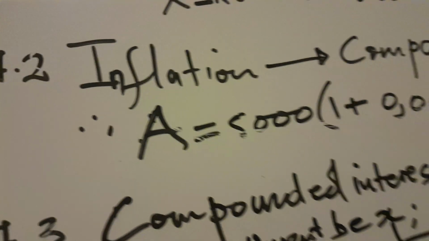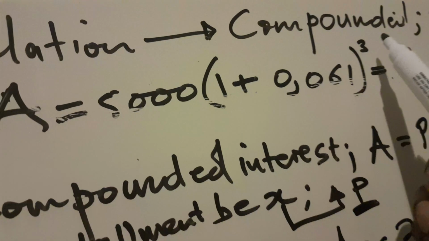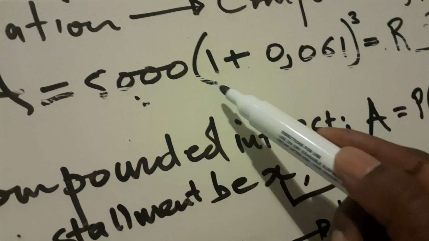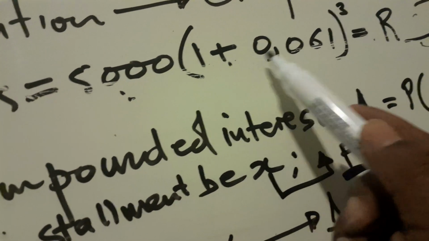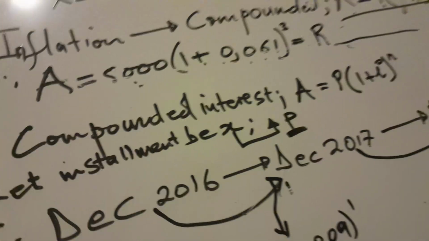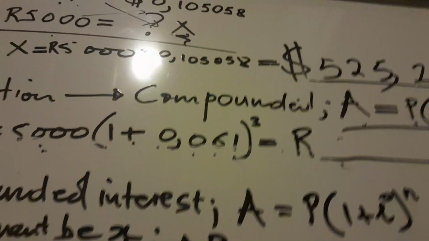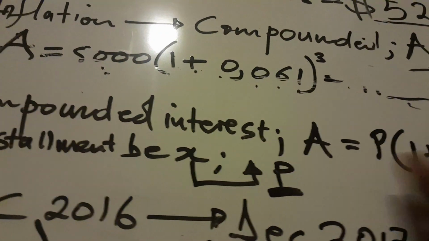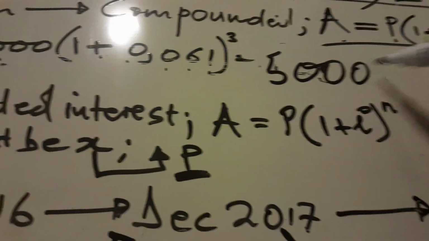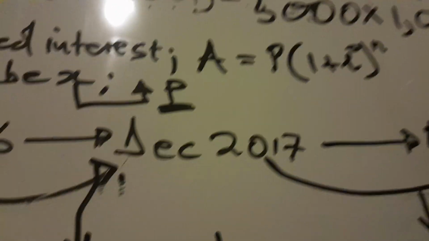If we do that, then after 3 years, the 5,000 is going to be 5,000 times 1 plus 0,061 raised to the power 3. This should give you 5,000 times 1,061 cubed.